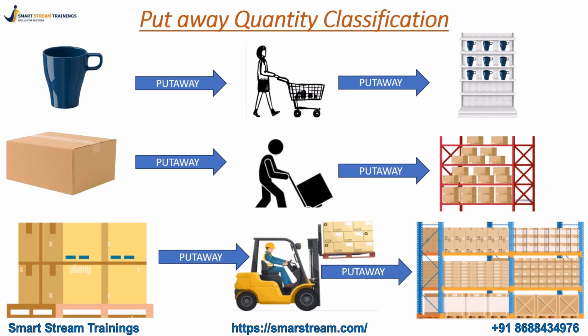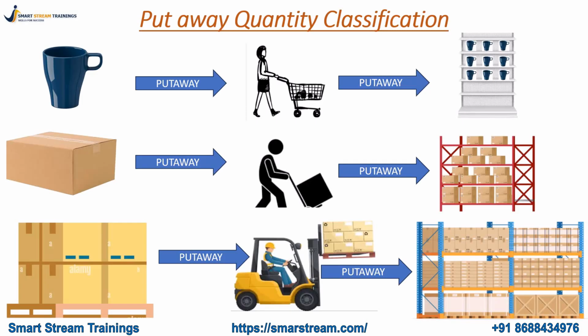Here we will come to know how the resources are linked when it comes to the product. One resource with some trolley is going to carry the products to the destination. If it is in cartons, another kind of equipment is used to store the product into the destination storage type. When it is a pallet, there is a forklift. No human being can lift those pallets.